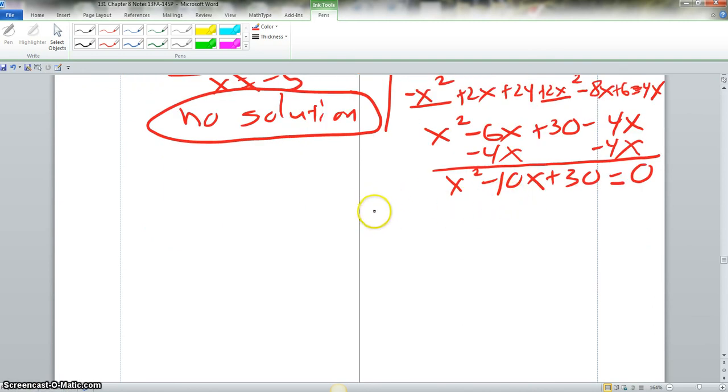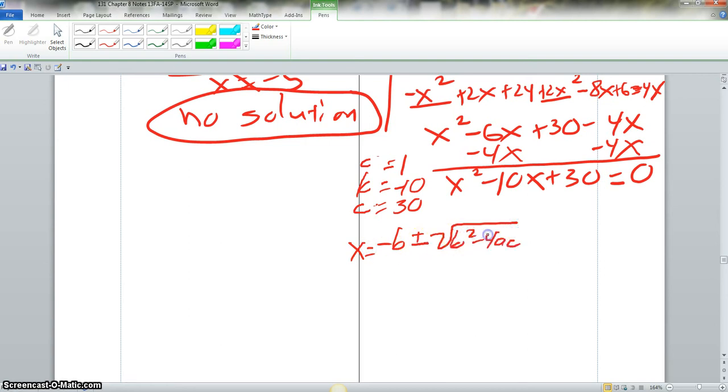Okay, now we need to set up our A, B, and C because this problem is not easily factored. A is 1, B is negative 10, and C is 30. Now we're going to use the quadratic formula, which is x is equal to negative b plus or minus the square root of b squared minus 4ac all over 2a.